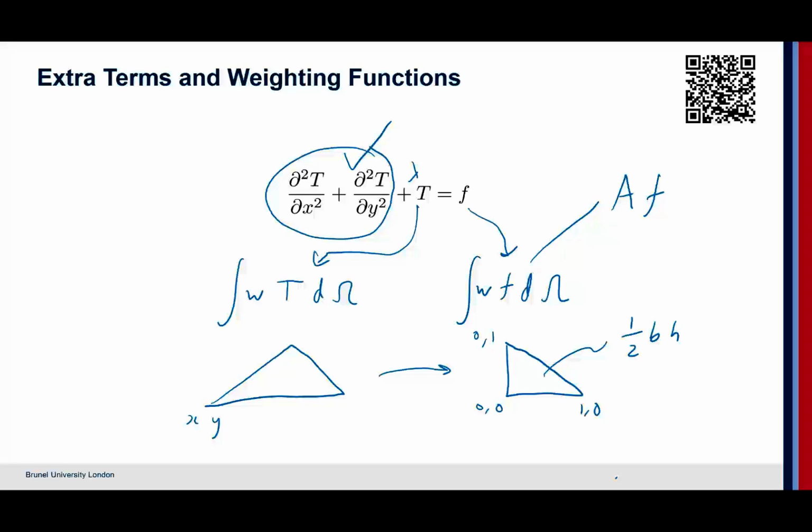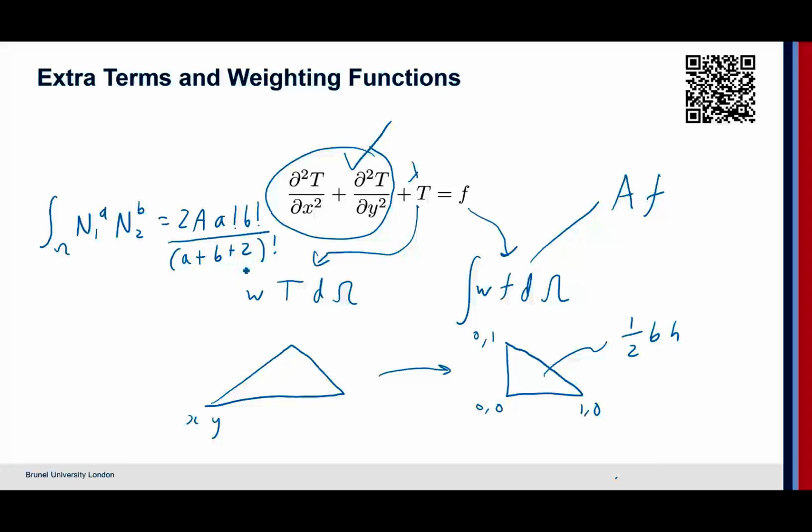But essentially it's an expression for integrating the product of two functions. And it's written in the form of the integral over omega of shape function 1 to the power a times shape function 2 to the power b is equal to 2A a factorial b factorial over (a plus b plus 2) factorial.